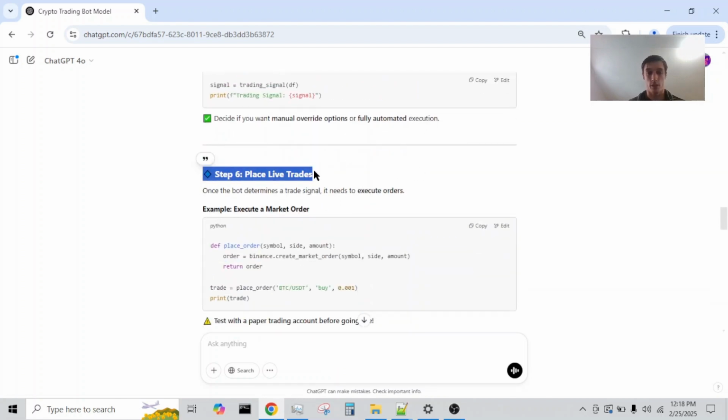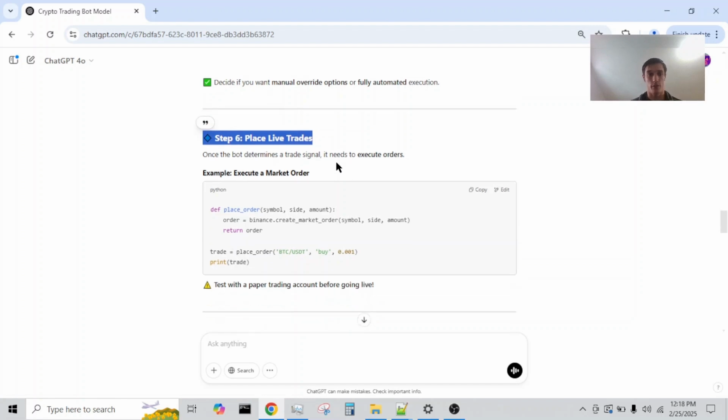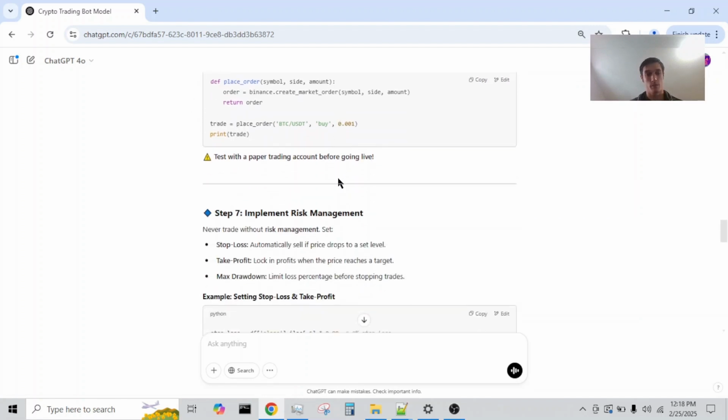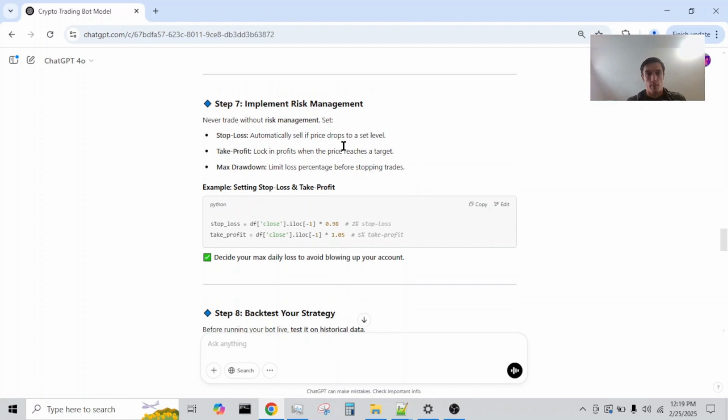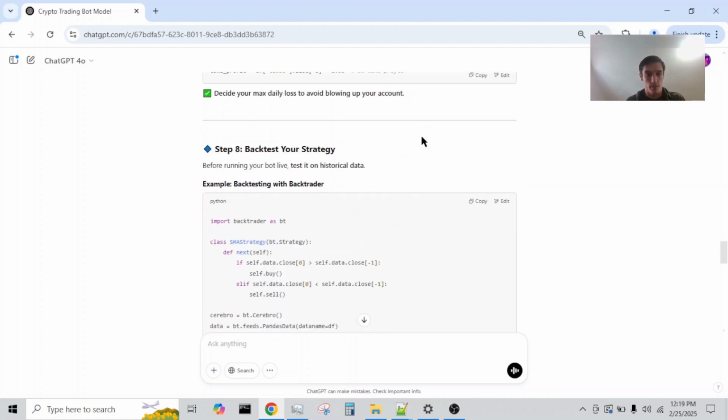Placing live trades, we'll do a lot of back testing before we place those live trades. Having a stop loss for a trading bot, that is a must. I would say if you have a trading bot that doesn't have stop losses, you can really shoot yourself in the foot there. Take profits. Come up with a strategy for our take profits. There's back testing. It should come first.